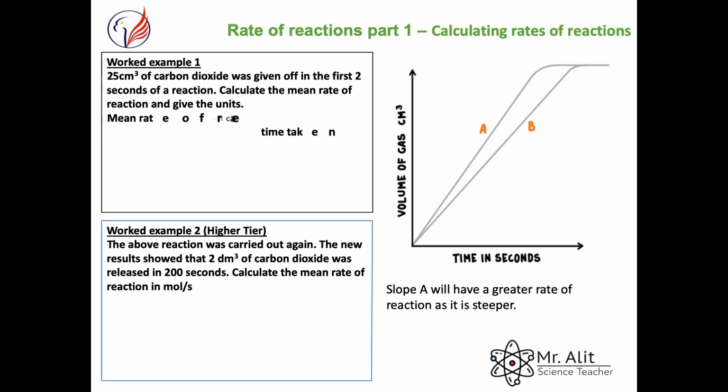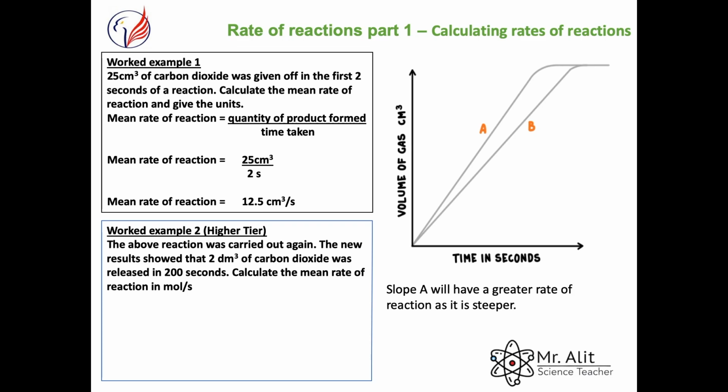So what you're going to write is mean rate of reaction equals quantity of products formed over the time. The quantity of the product formed is the volume, which is 25 centimeter cubes, divided by 2 seconds. By using the calculator, you will get 12.5 centimeter cube per second. Make sure the unit is important. You have to write the unit properly.